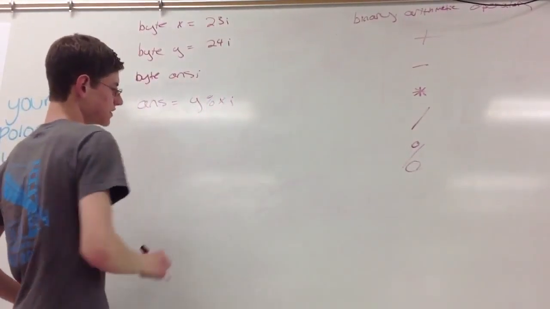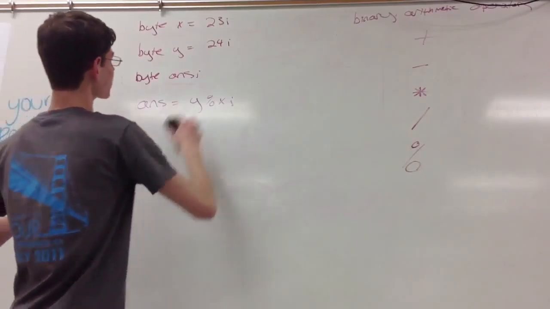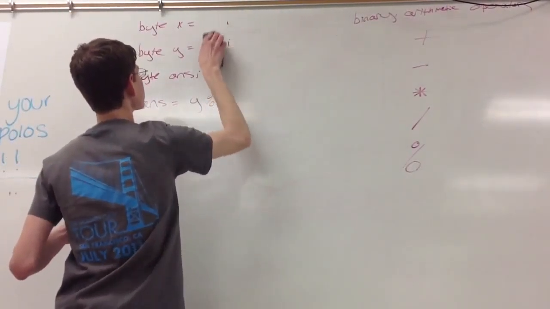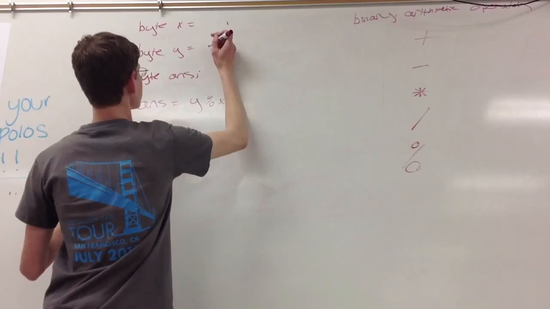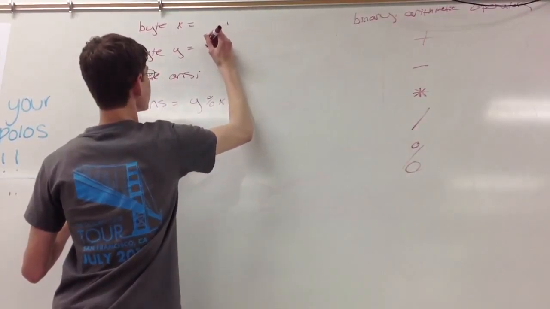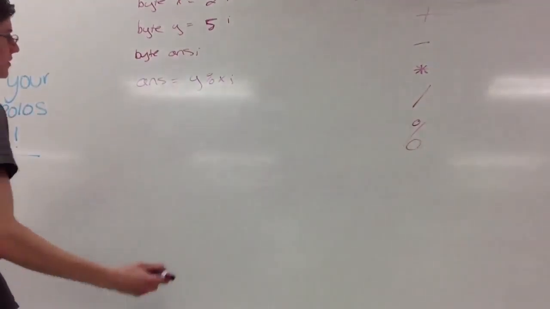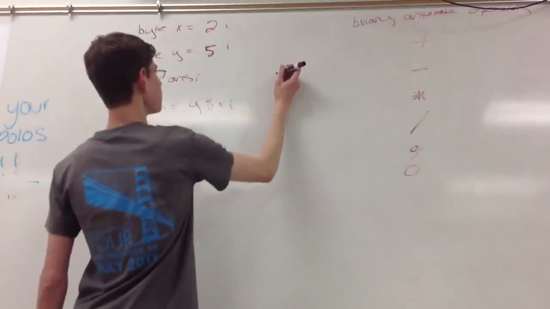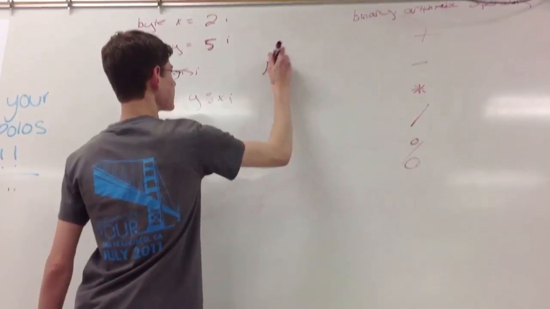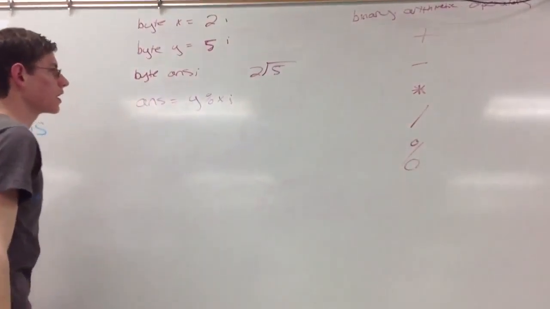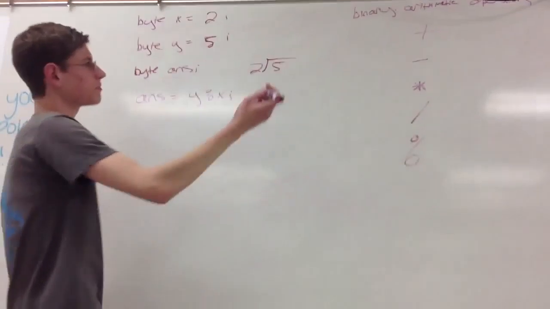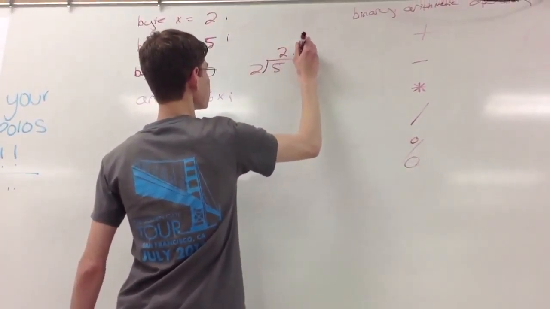What modulus actually does, well, let's use simpler numbers. Let's make this 5. This is a 2. What modulus actually does is it takes your 5 and divides it by the 2. And the answer to this would be 2.5.